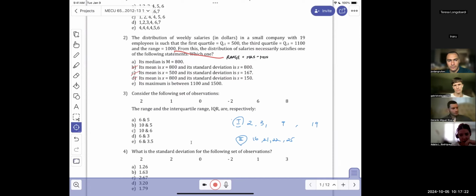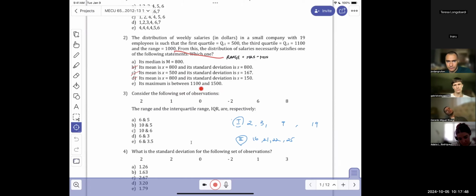You need all the data to do x-bar and all the data to do s to make a calculation of either of those. So that leaves us with the median as 800, or the maximum is between 1,100 and 1,500.